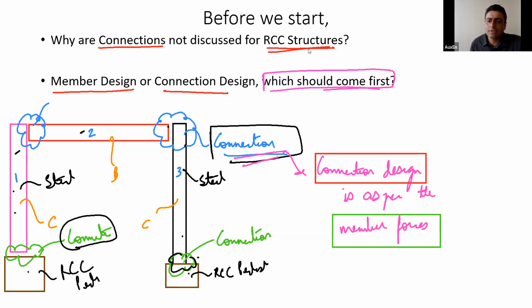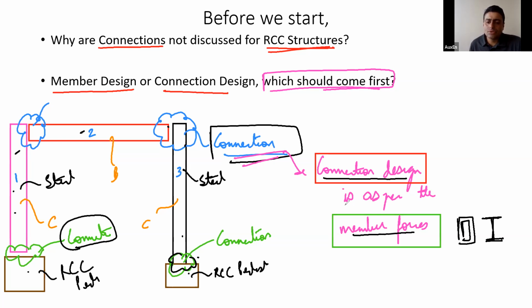Also, your connections have to be designed for a particular member size. For example, if I'm using hollow sections in my column and hollow sections in my beam, the connection type will be different. If I am using an I section for my beam and an I section for my column, the connection type will be different.